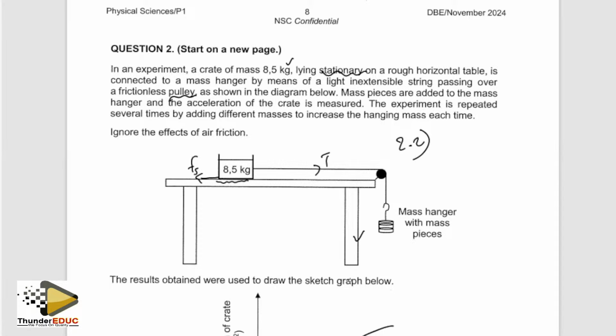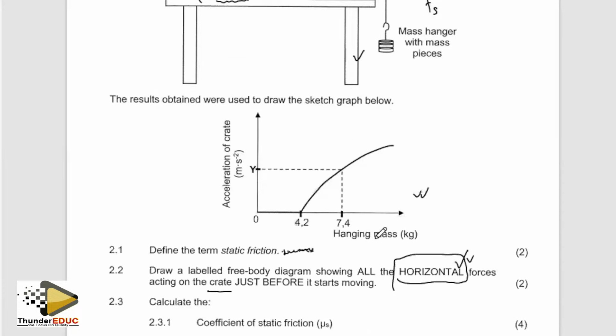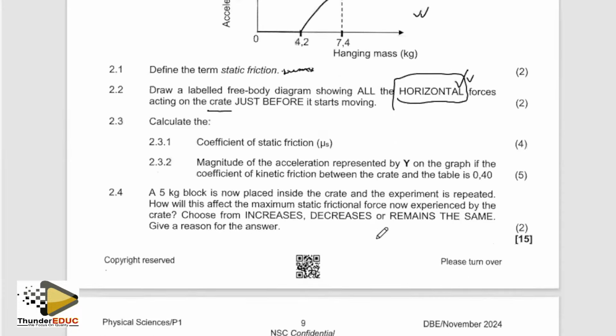That's why there's going to be no motion initially. So this is tension, let's call it T. And then in this direction, we shall have our Fs. I'll not call it Fk, which is the kinetic. It's Fs, the static friction force.